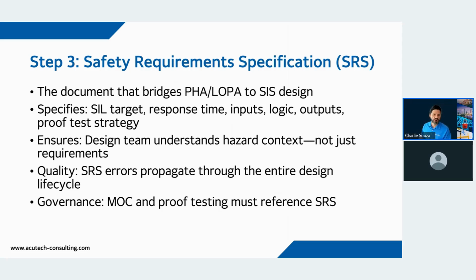All of those will go in the safety requirement specifications. I tend to call it your SIS Bible, your Safety Instrumented Systems Bible. That's what I usually refer to it as. So it has all the information on how your system must be designed and must operate and must be tested.